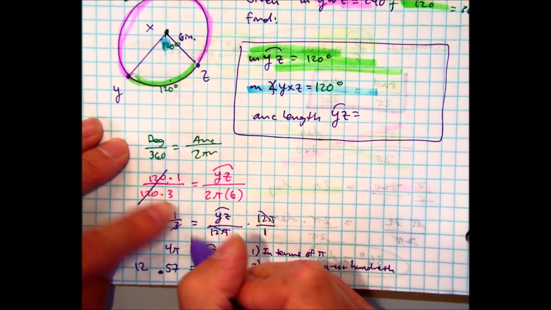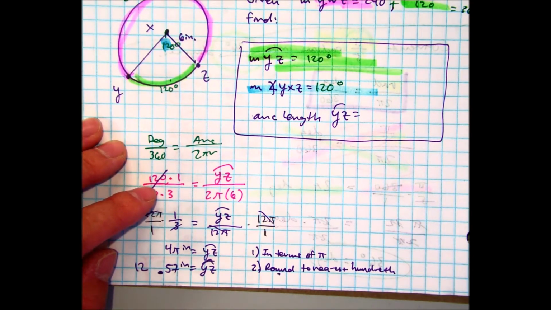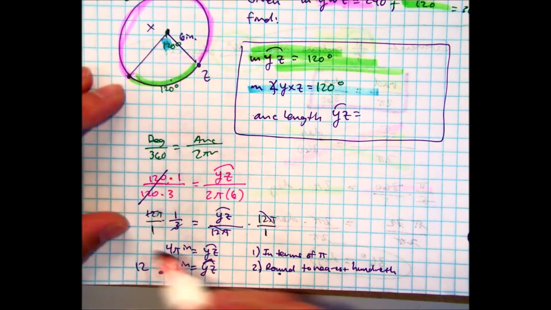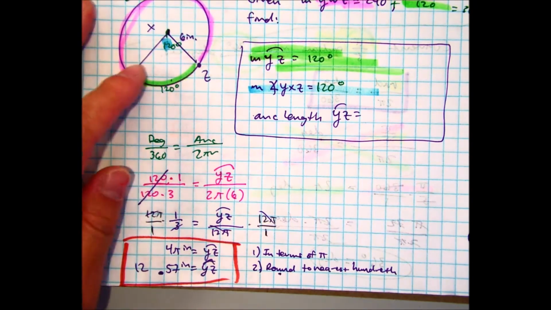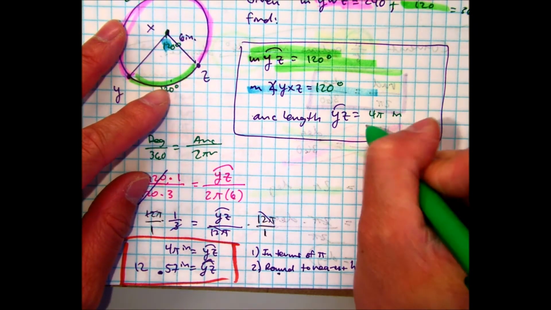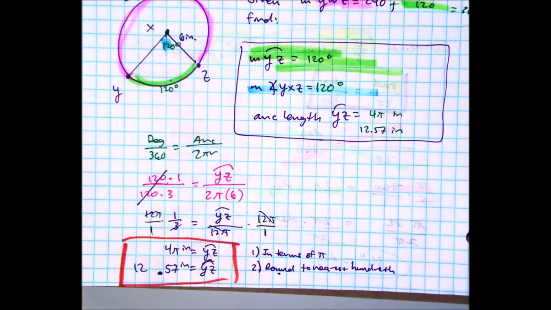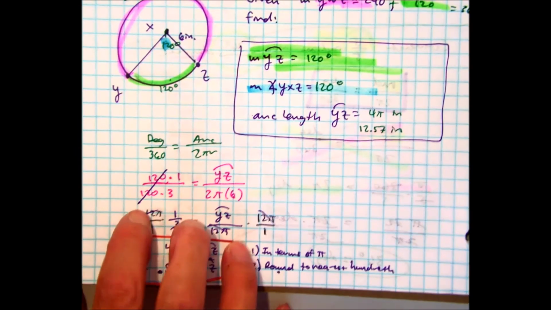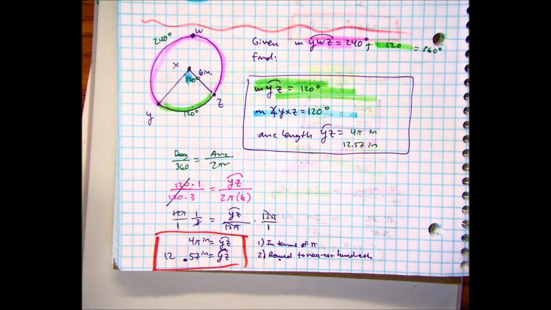And now I can go back and put inches if I need to. So on top here, I can write 4 pi inches, or I can write approximately 12.57 inches. And that's how you find arc length, and also a quick review of the different types of arc angles.